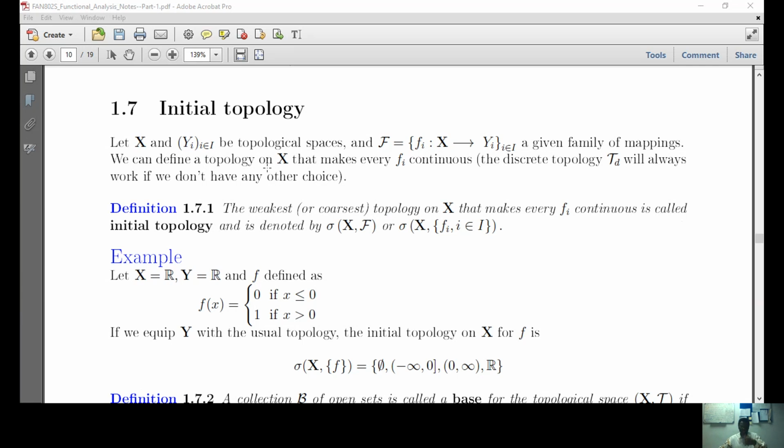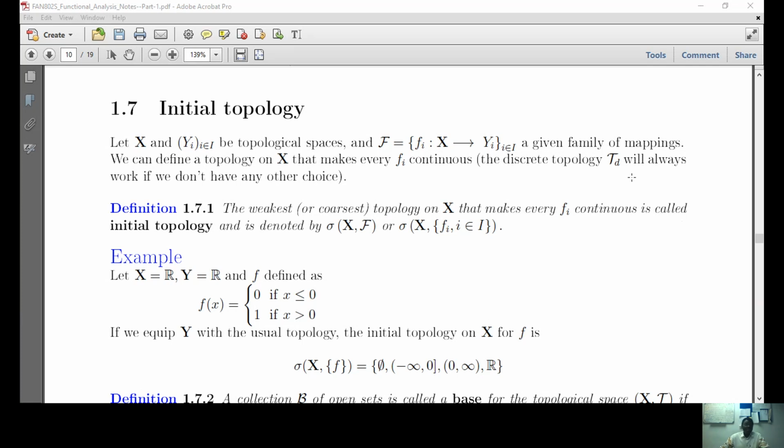The discrete is the power set, P(X), P(Y_i). So that topology, the discrete topology, obviously will make these mappings continuous. But we don't want the discrete topology. We want a coarser topology, that is a topology smaller than the power set, right?